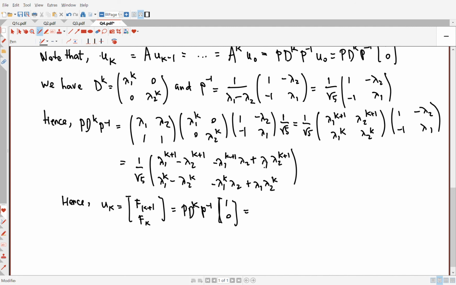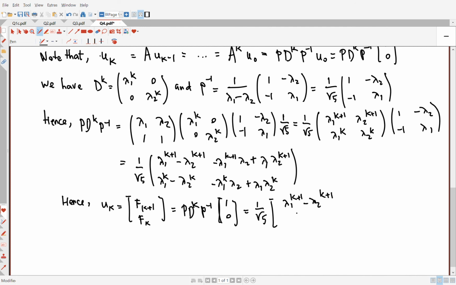So this is equal to 1 over square root 5, the above term will be lambda 1 to the power of k+1 minus lambda 2 to the power of k+1.